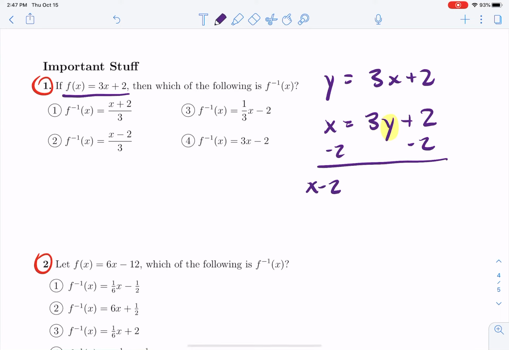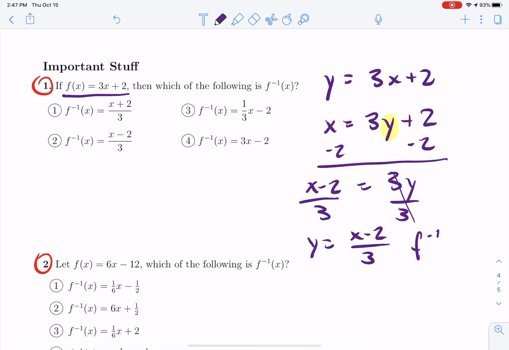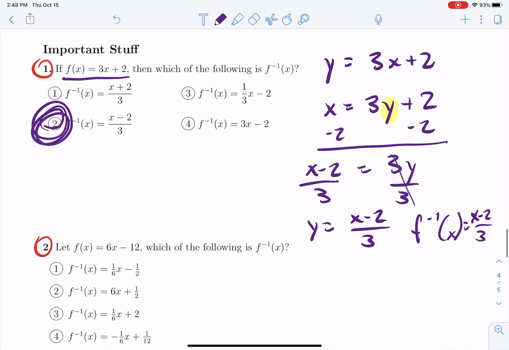So I get x minus 2 equals 3y. And now solving for y, I would divide by 3. So I end up with y equals x minus 2 divided by 3. My final step is to write f inverse of x equals x minus 2 divided by 3. Do I see that answer? And I do. Choice 2.